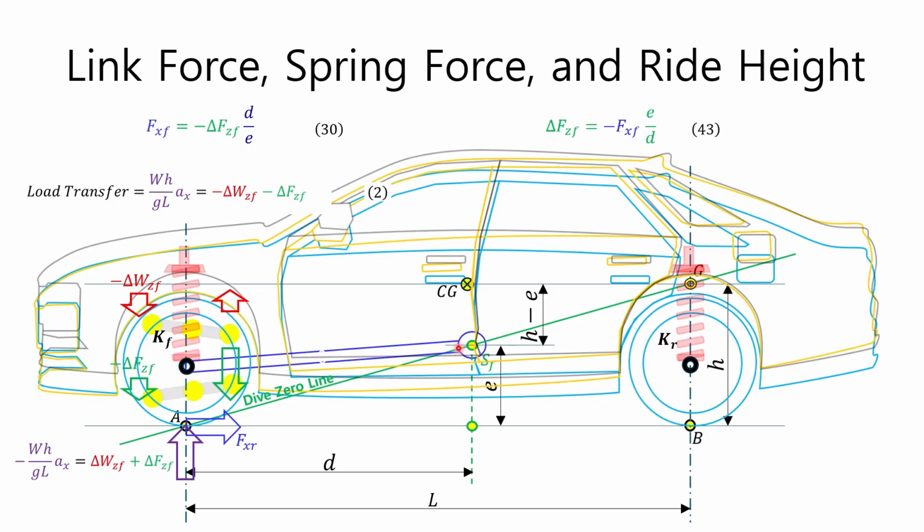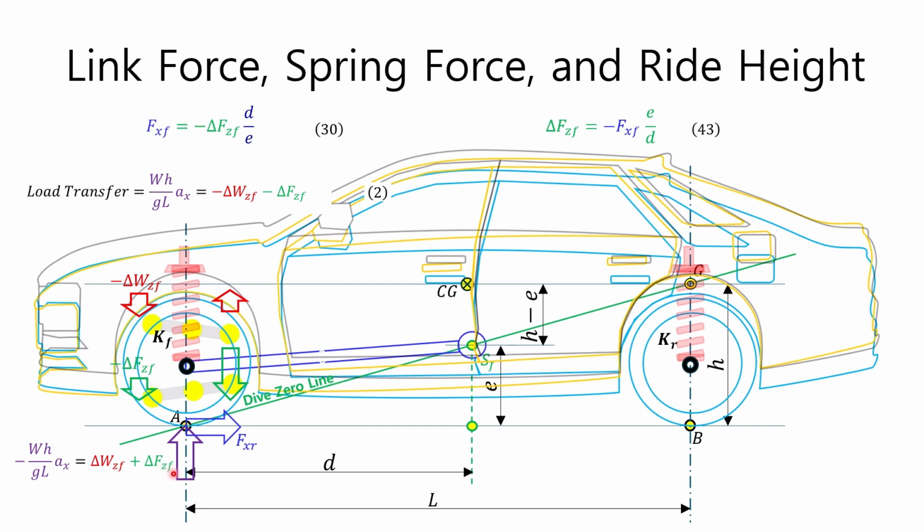Equation 30, derived earlier, expresses the braking force, Fxf, as a function of delta FZF, the ground reaction force, against the vertical dynamic load generated by the influence of the suspension geometry. Rearranging equation 30 for the vertical dynamic load, delta FZF, yields equation 43. In equation 43, since the braking force, Fxf, is negative, the ground reaction force for the vertical dynamic load, delta FZF, is positive.